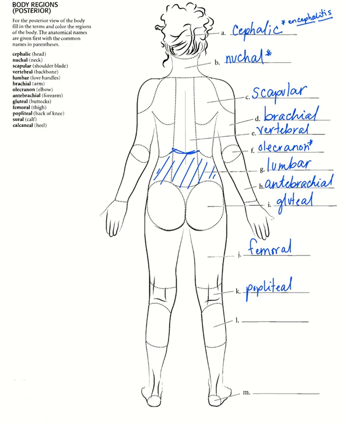The calf is sural. And finally, named for the bone that makes your heel, we have calcaneal. And that bone that makes that up is actually called the calcaneus.